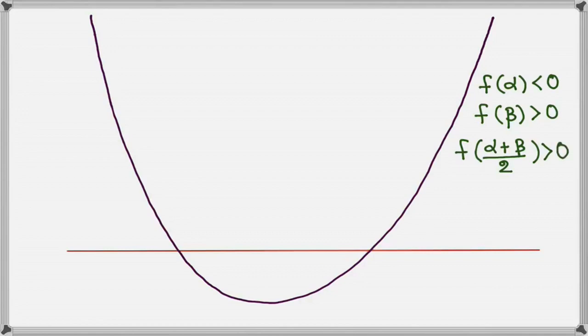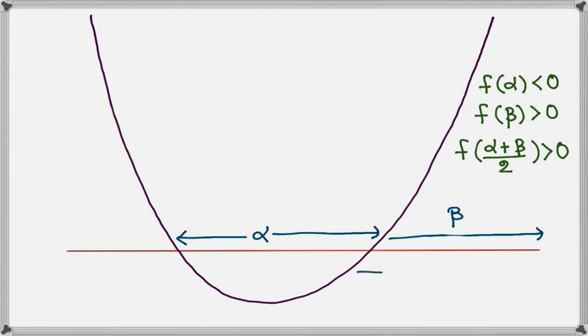Therefore, alpha is somewhere here in this region and beta is somewhere in this region. For simplicity, let us take this point to be alpha, this point to be beta. So alpha plus beta whole divided by 2 will be somewhere here.